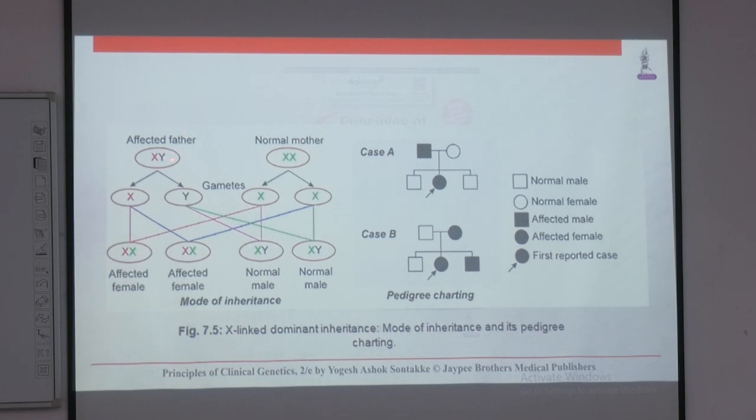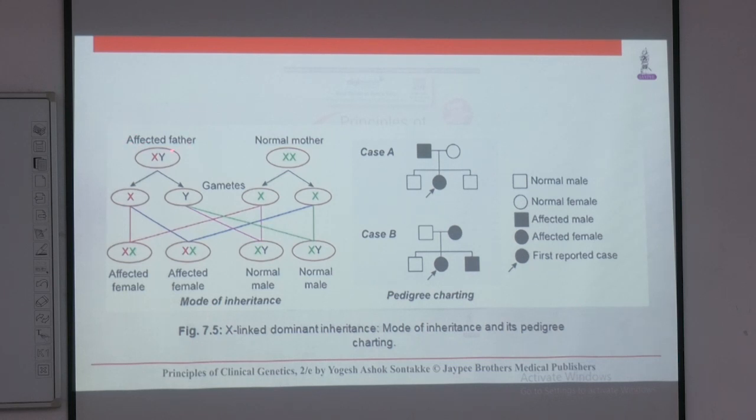So we have an affected father in this entity and a normal mother, which is XX. There are no diseased genes in the mother; rather, the affected father has it. This is one X which is diseased, and it makes the father a diseased father. We call this state the hemizygous state.